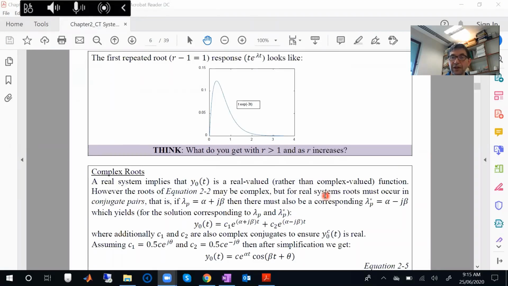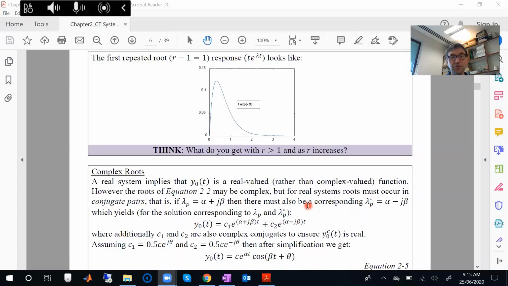Now, here's the fun fact. Because our differential equation has real coefficients, the roots occur in complex conjugate pairs. Complex conjugate, asterisk. Remember we discussed that? The importance of the complex conjugate? Here's one of the real reasons why.